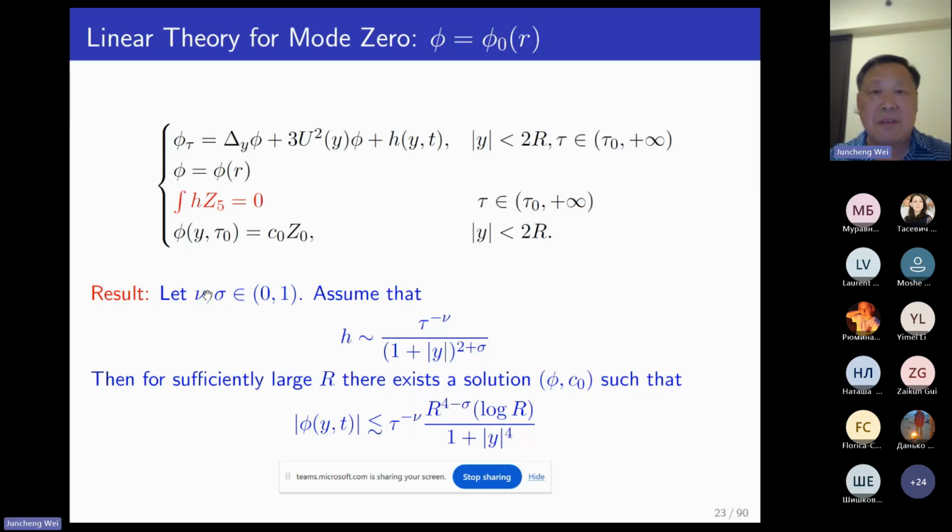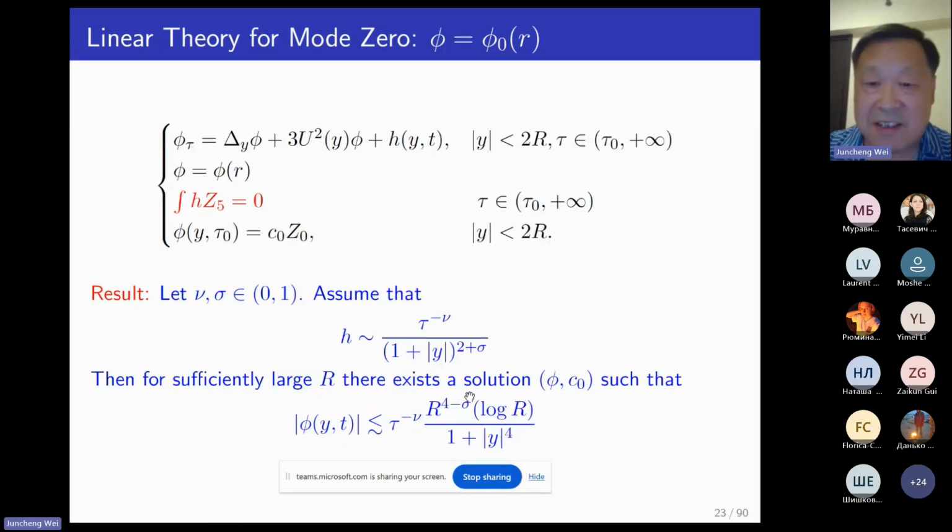Okay, so the main result is the following. Suppose we have a decay in time and decay in space, and then for sufficiently large R, we can find a solution phi and C0, so the initial condition, such that phi decays the same as time decay, tau to the minus mu, and r to the 4 minus sigma log r over 1 plus y to the 4.